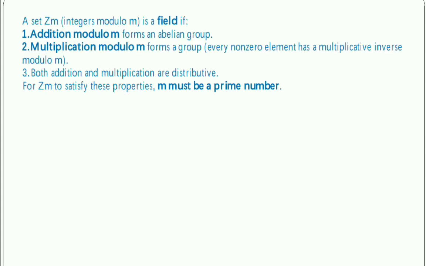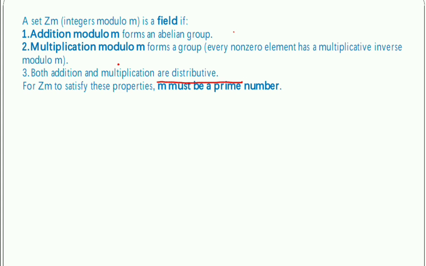A set Zm, integers modulo m, is a field if addition modulo m forms an abelian group and multiplication modulo m forms a group. So both addition and multiplication must be distributive. And whatever value we have given here, Zm or Zp, it must be a prime number.